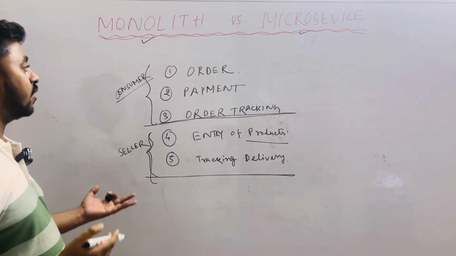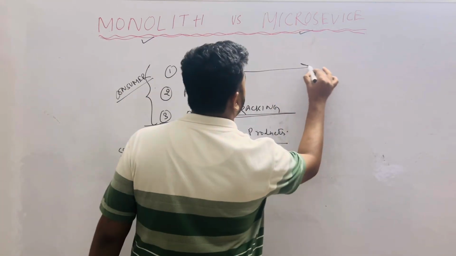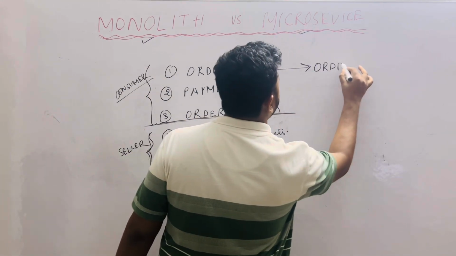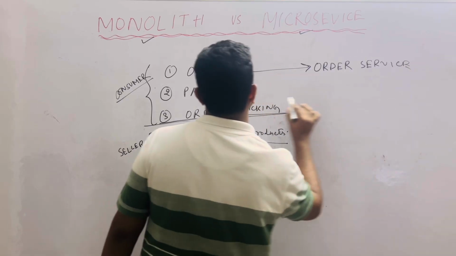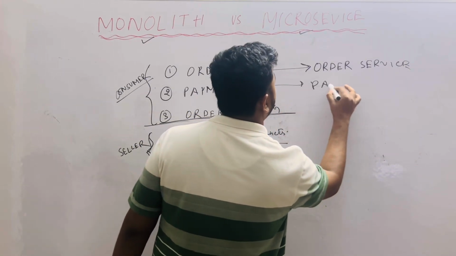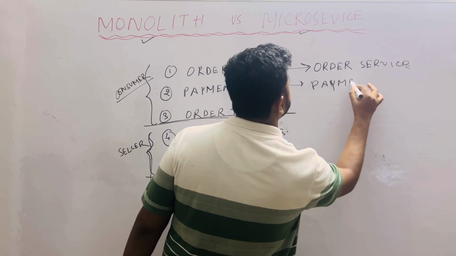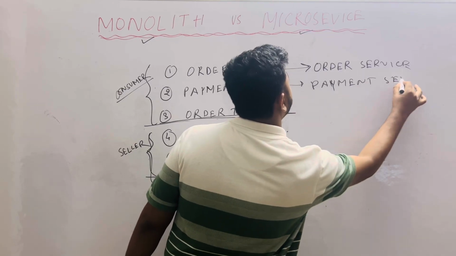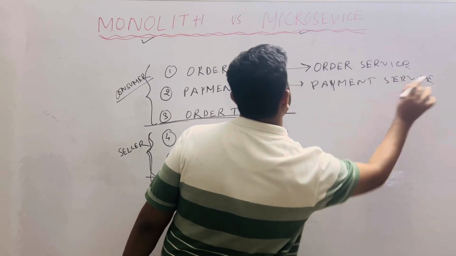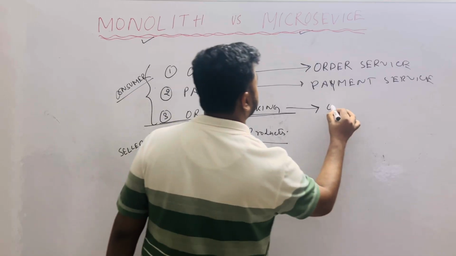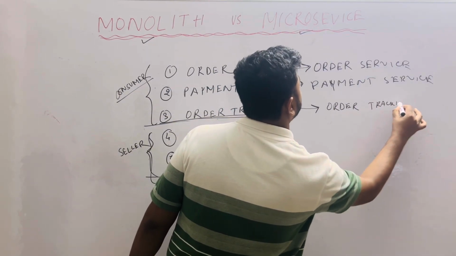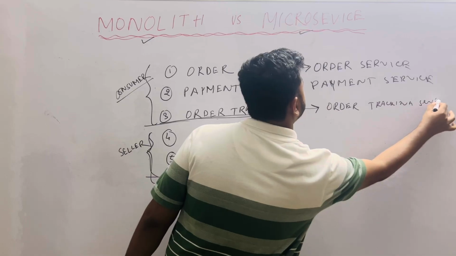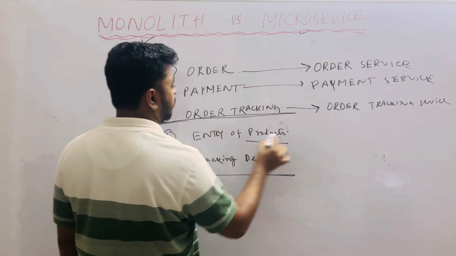Now when it comes to microservices, what is happening? For order, we will build one application that is called order service, as I told earlier also. For payment, there is a payment service. These are different applications. Maybe you build an order tracking service, and a product service.